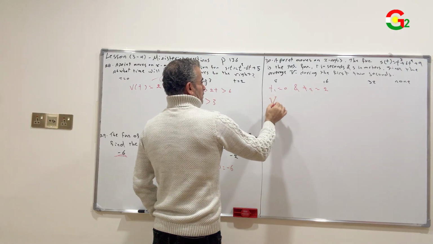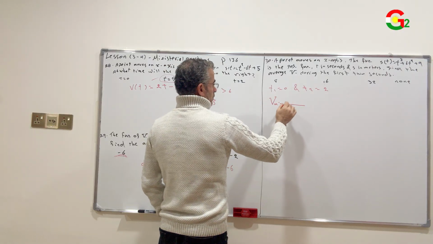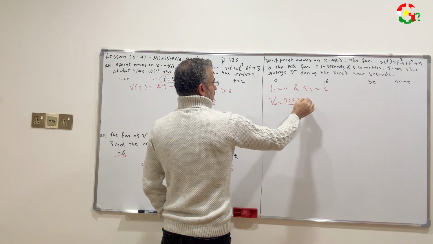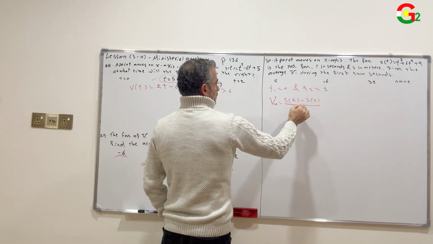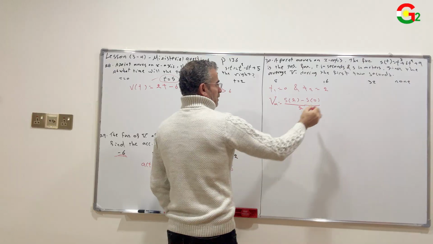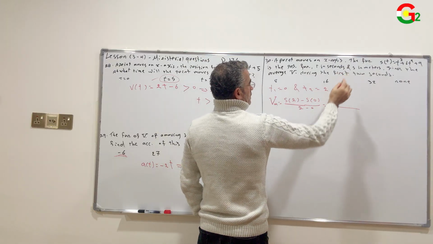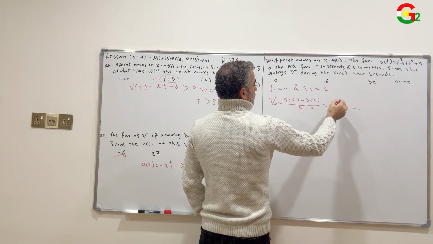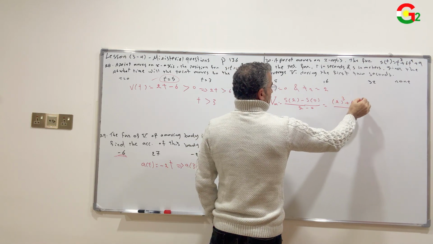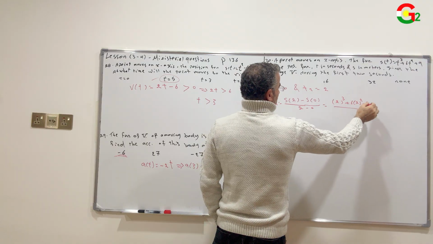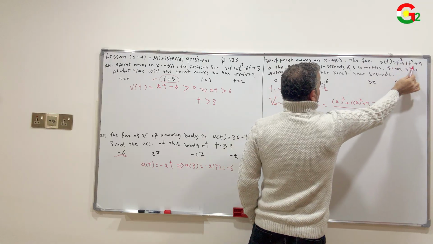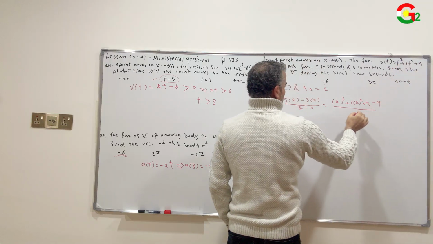The average velocity rule is s of t2 minus s of t1 over t2 minus t1, 2 minus 0. Substitute 2 in the position function, 2 cubed plus 6 times 2 squared plus 9, minus s of 0, substitute 0 in the position function is 9, over 2.